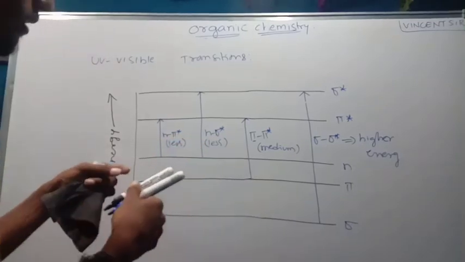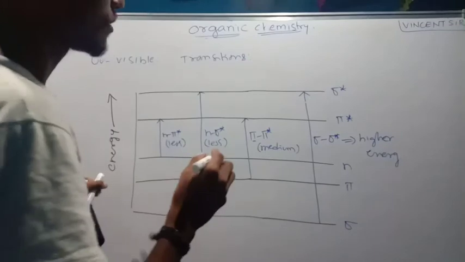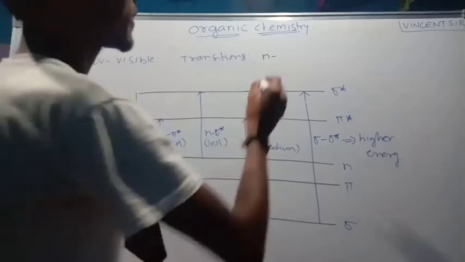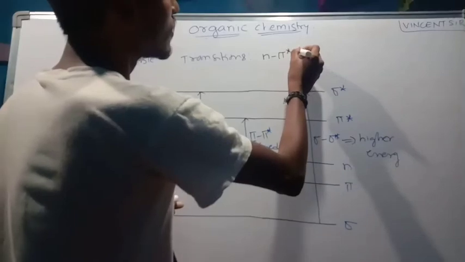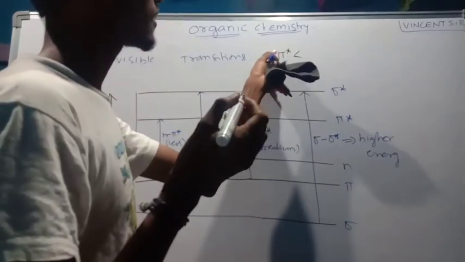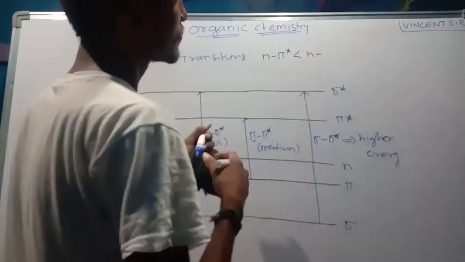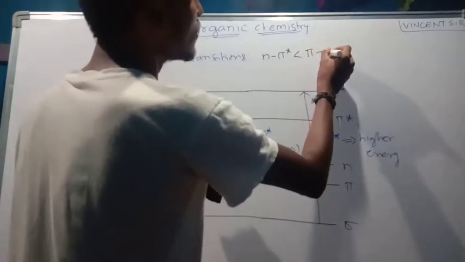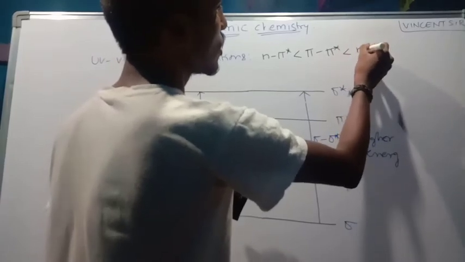Then what is the transition order? First, lone pair to pi star having less energy, then lone pair, having less energy, then pi, and this having less energy, then lone pair.